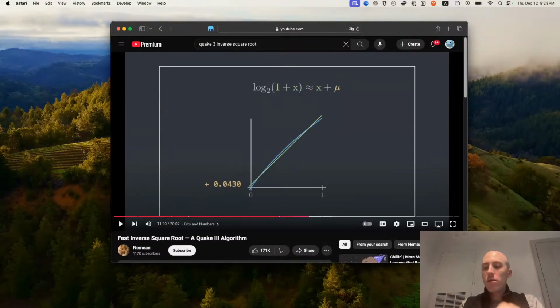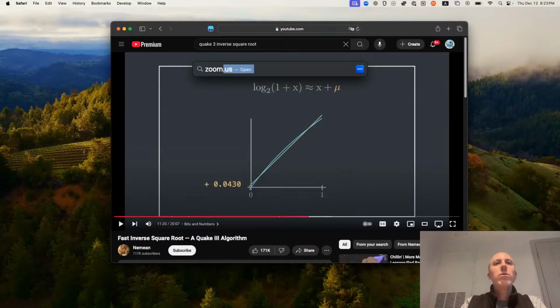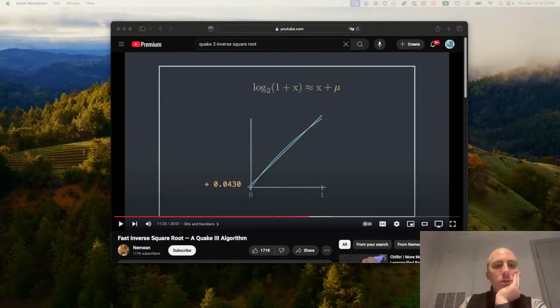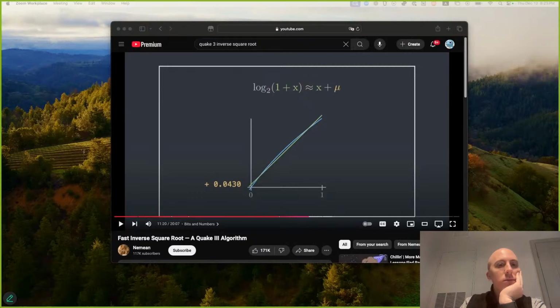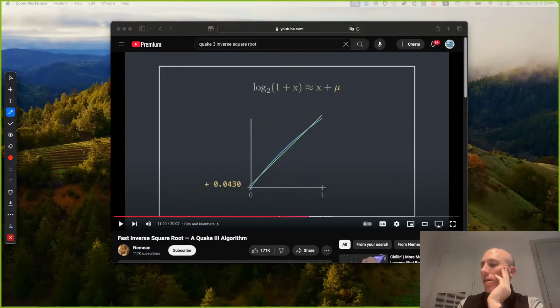So I wanted to see how we could maybe discover or find that. It's like, how do you actually do that? We have these two functions here.